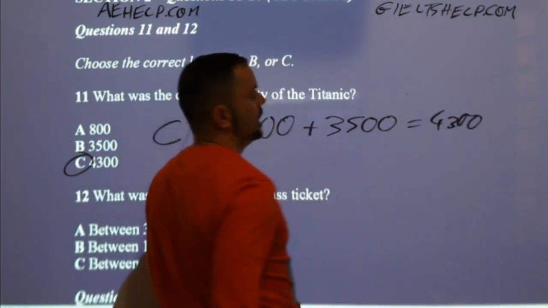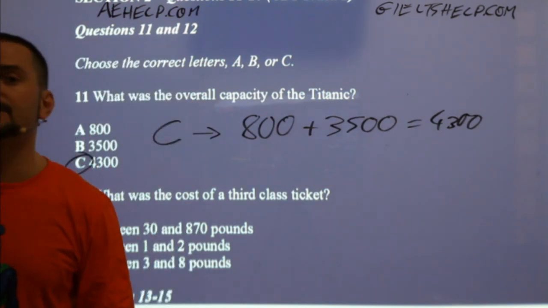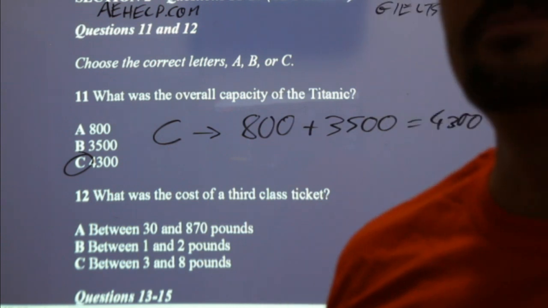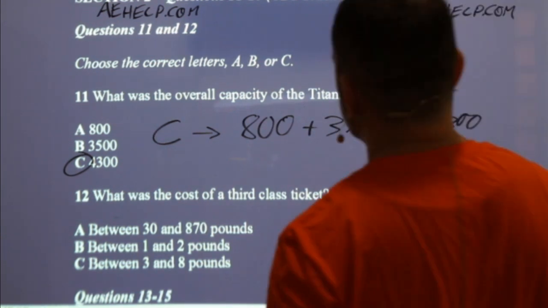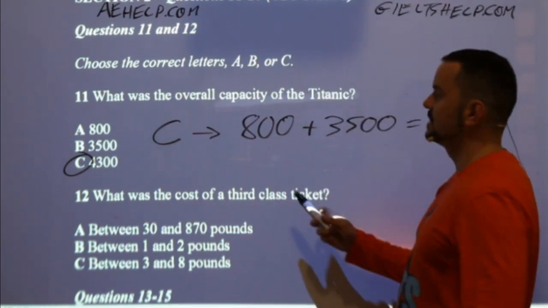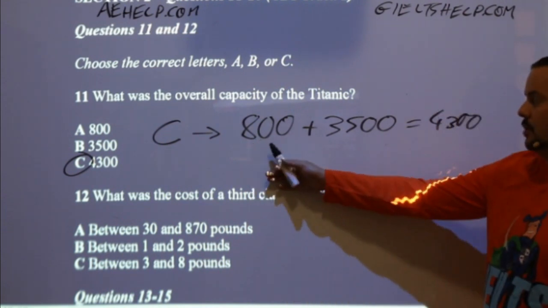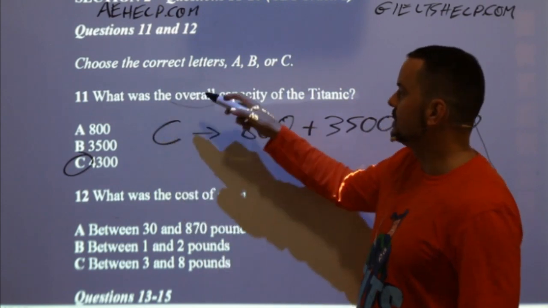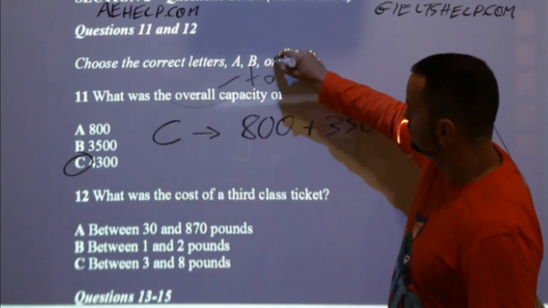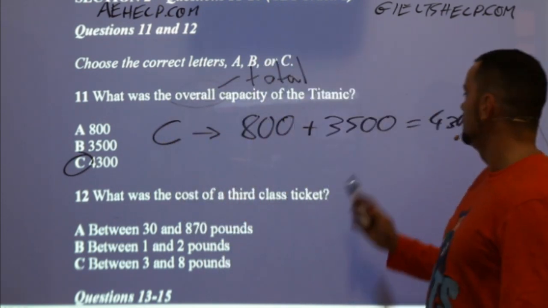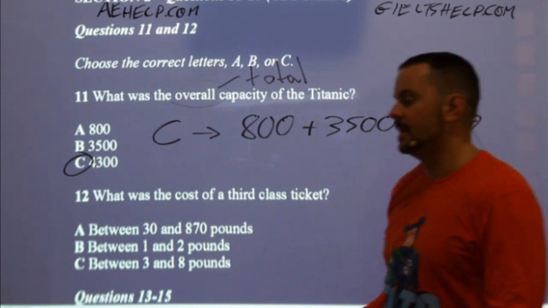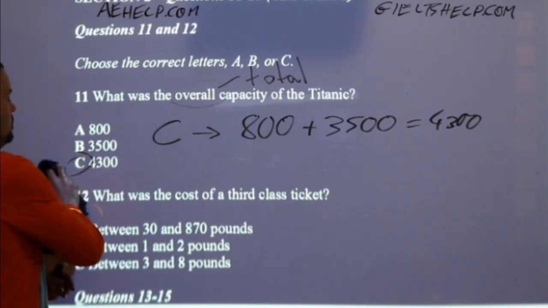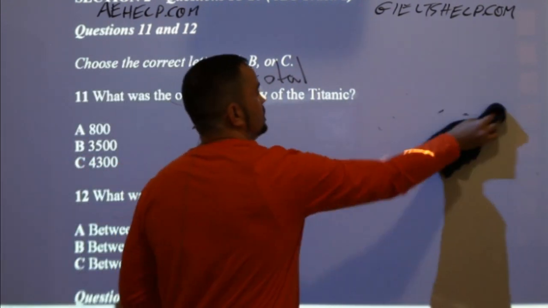Sometimes the IELTS exam will get you to do a little bit of simple math. This is called an inference type question. So you had to understand that it has 800 crew, 3,500 passengers. The overall, which means the total, is 4,300. Simple addition, inference type question. That's why with multiple choice, you need to be able to provide your own answers.